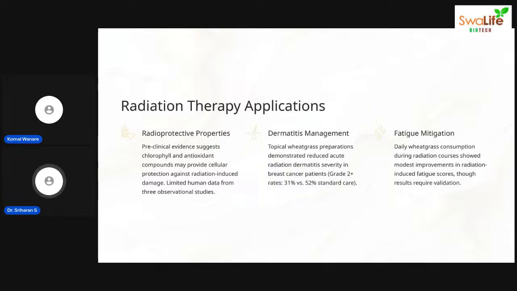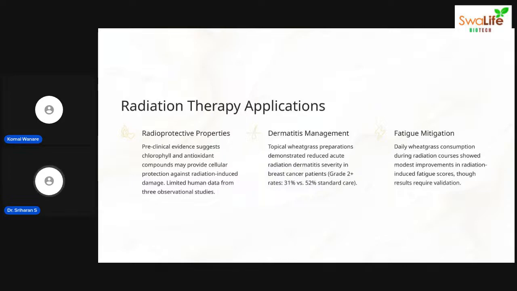Wheatgrass also acts with radioprotective properties, and it is useful for dermatitis management, and it helps avoid fatigue. Wheatgrass shows very effective evidence on that. But in the radioprotective profile, most of the studies are preclinical, so there is a lack of human studies. That is the only drawback.